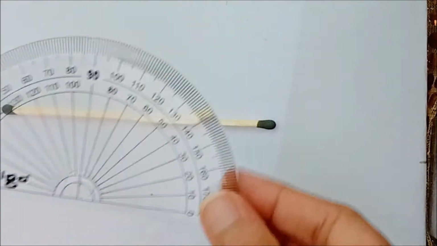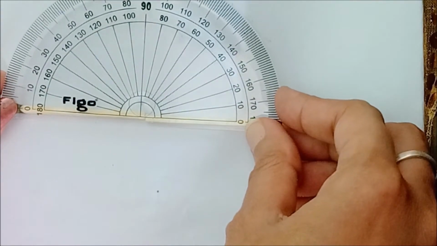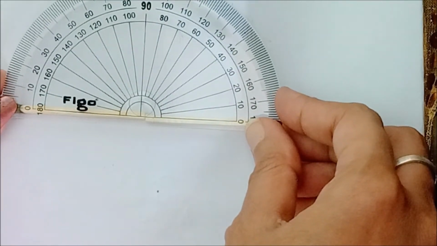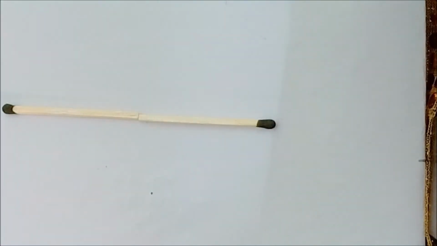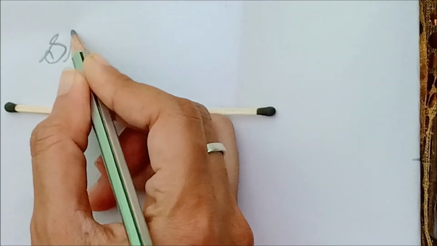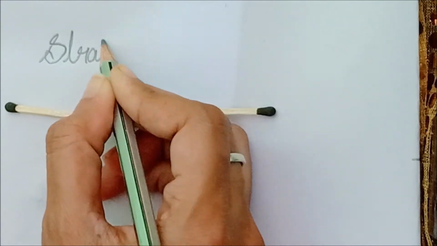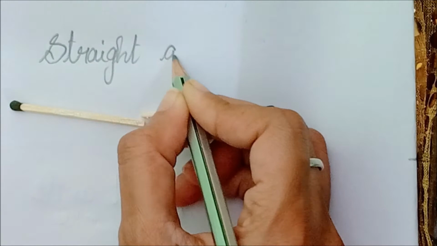Using the protector we are going to measure. See, it exactly measures 180 degrees. So if it is exactly 180 degrees, what type of angle is this? Very good. Straight angle.